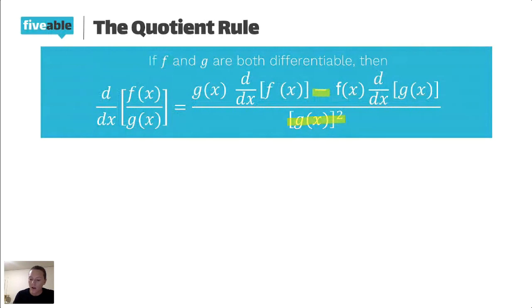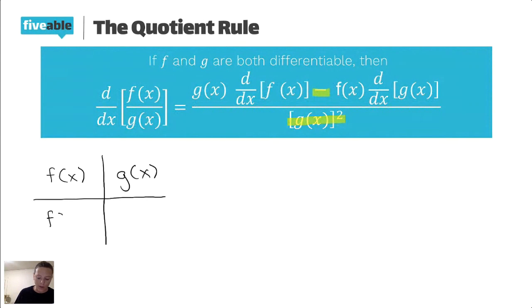But in terms of our organization setup, we are going to look at it just the same way with our 4 boxes, with f of x in the upper left-hand corner, g of x in the upper right-hand corner, and f prime of x under f of x, and g prime of x under g of x.